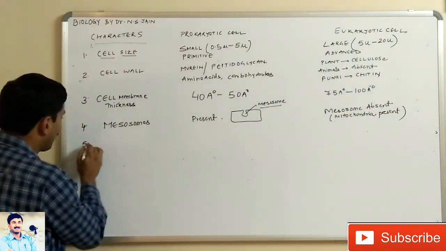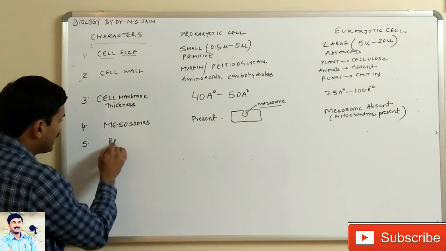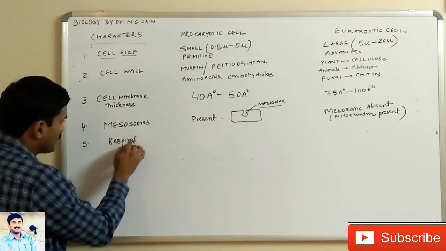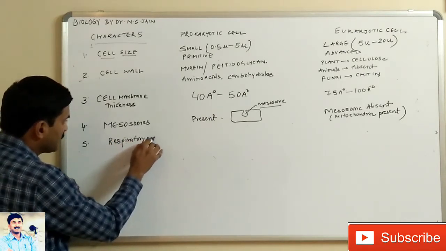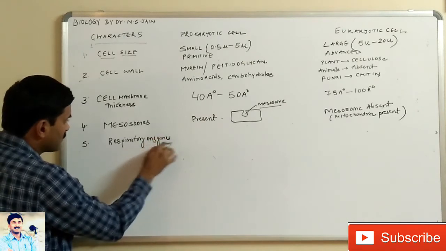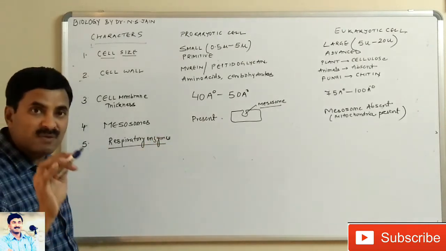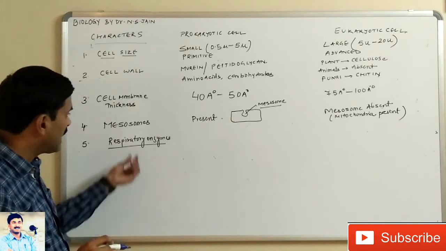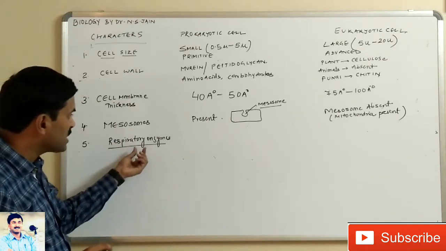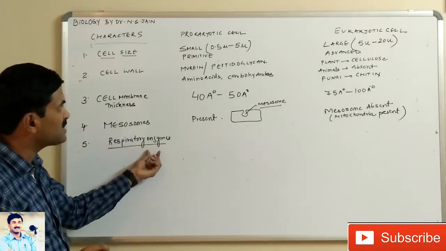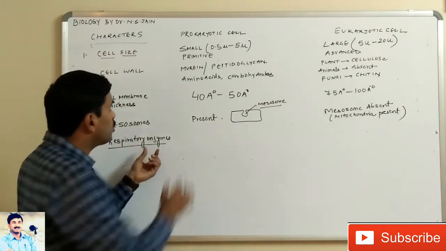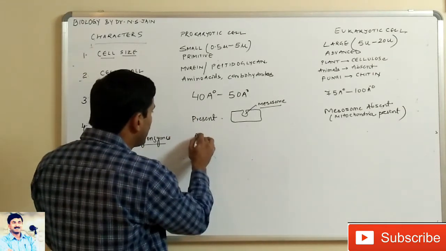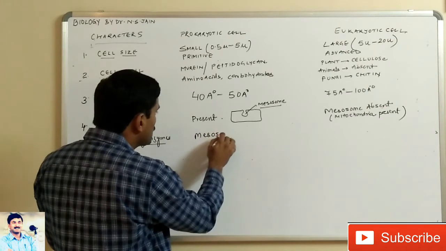Now, respiratory enzymes. Those enzymes which are used in respiration are called respiratory enzymes. So the question arises, where are the respiratory enzymes present in a prokaryotic cell? In a prokaryotic cell, the respiratory enzymes are present in mesosomes.